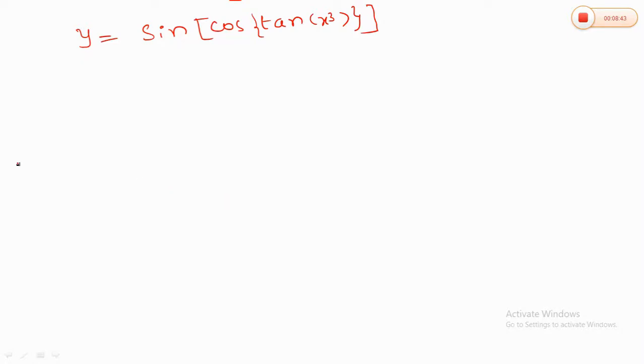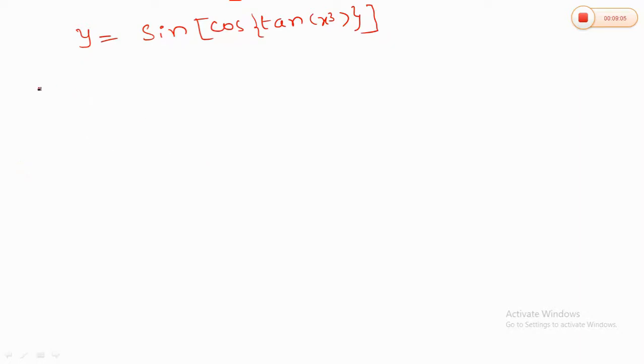Though this problem can be solved in only one step, for the time being it is better to solve it in detail, one by one. Directly you can write this using the chain rule, but instead of that, let us go step by step.